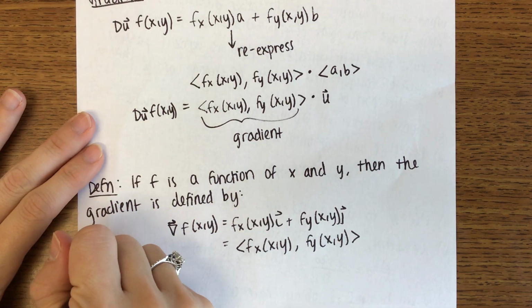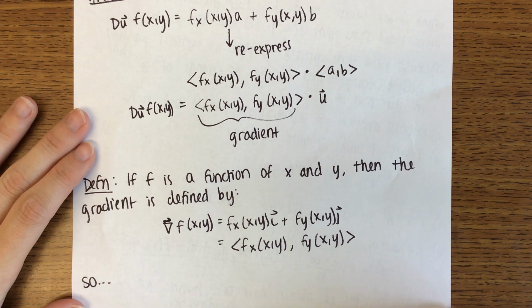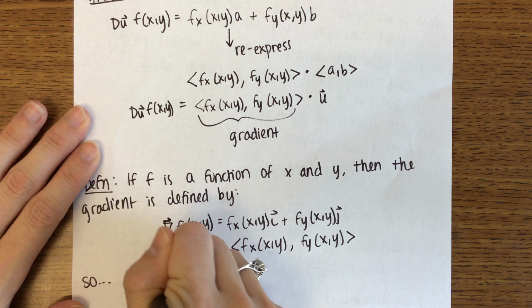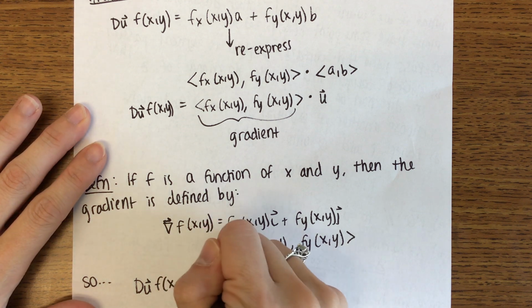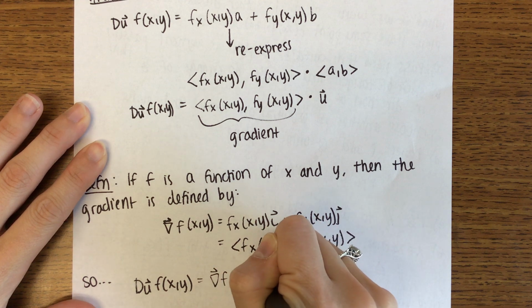So this helps us write the directional derivative a different way. The directional derivative in the direction of u of the function f at some point x, y is really the gradient of f at that point dotted with the unit vector.